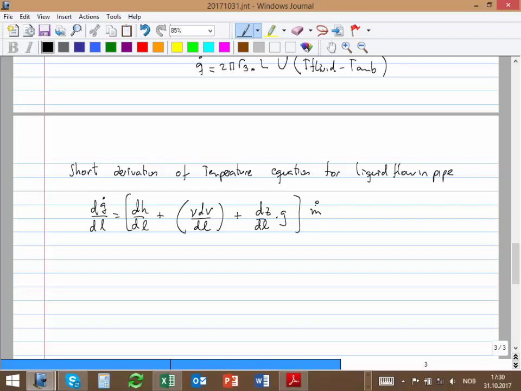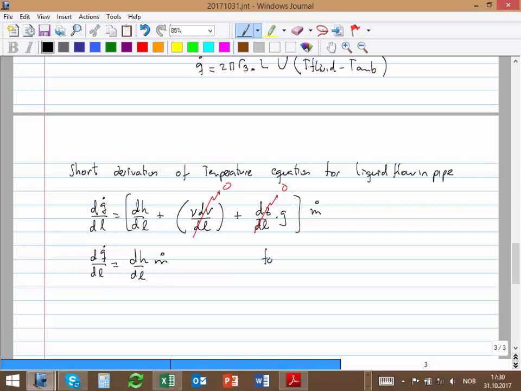This last term is the derivative of the ratio between the elevation and the length, and if my pipe is horizontal, then this one is 0, so I can remove that. I will also assume that the change in velocity, the kinetic energy, is not so important, so I will cancel that. I end up with this expression: dq/dl equal to dh/dl times m.